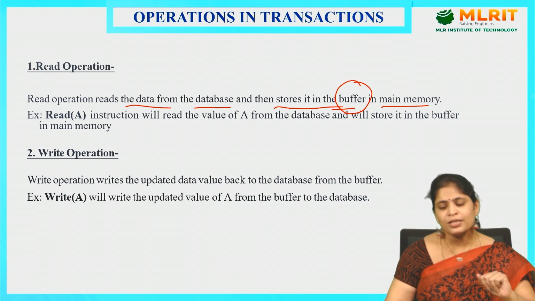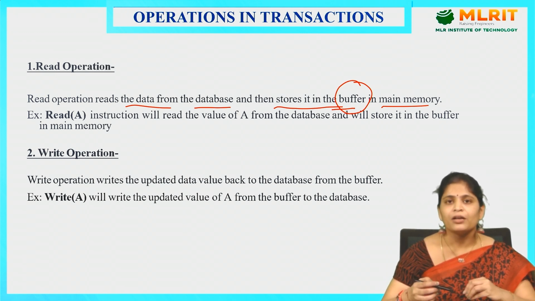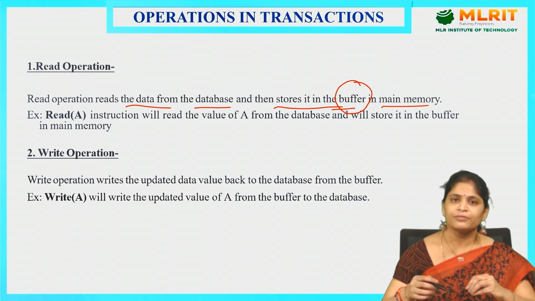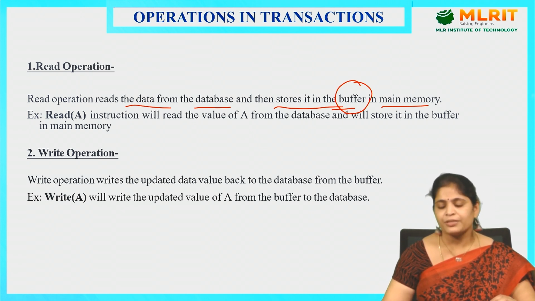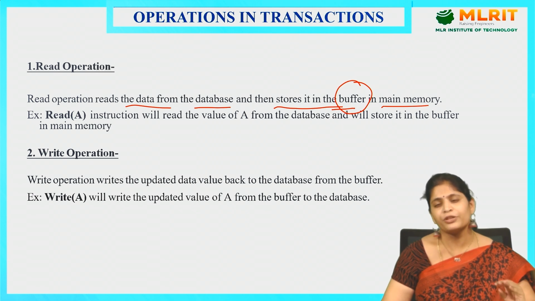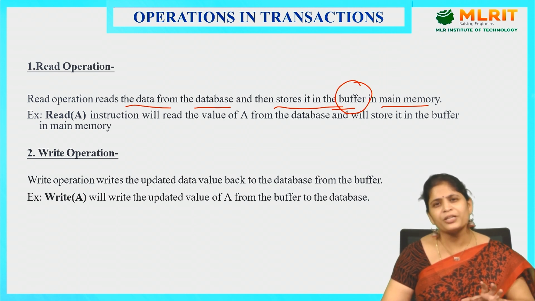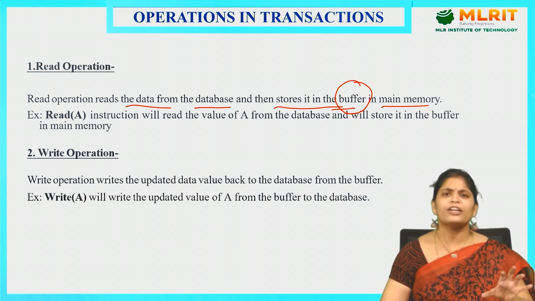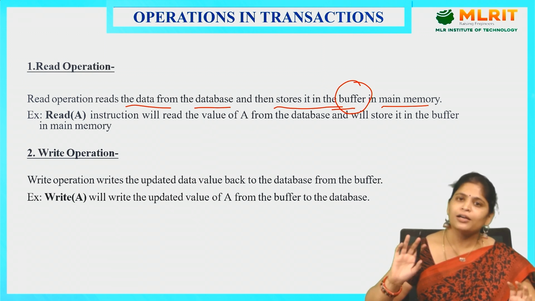Why? Because some of the transactions may fail in the middle. Then what will happen? Some inconsistency will be there in the database. So, that is the reason we maintain a buffer, that means temporary storage. Later on we do all the operations in this buffer, and if the operations are successful, then we update it in the main memory.